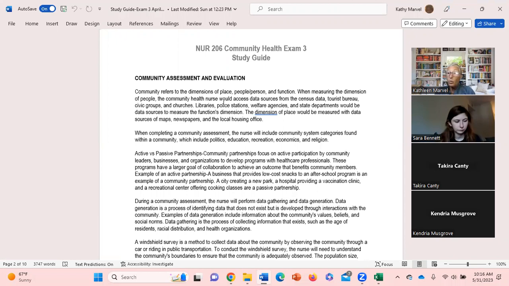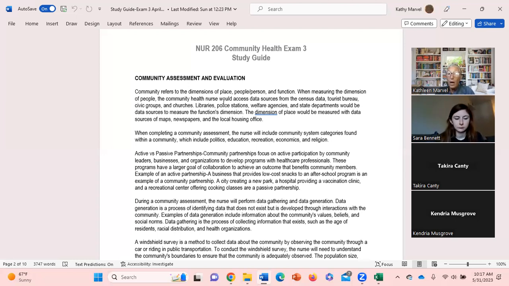Okay. So next paragraph, when completing a community assessment, it talks about community systems categories. That's a fancy phrase for what is an assessment in the community based on? Every community, okay, there's 5 system categories: politics, education, it's right here, recreation, economics, and religion.